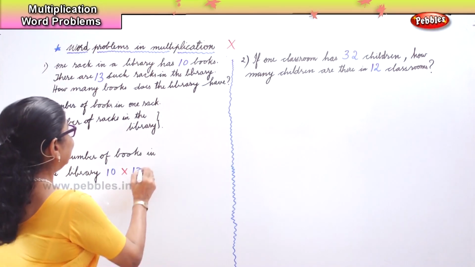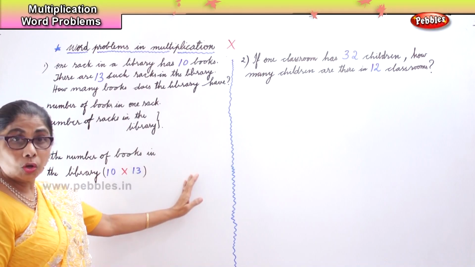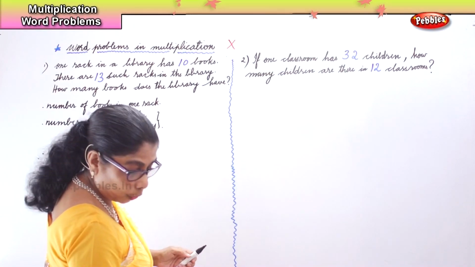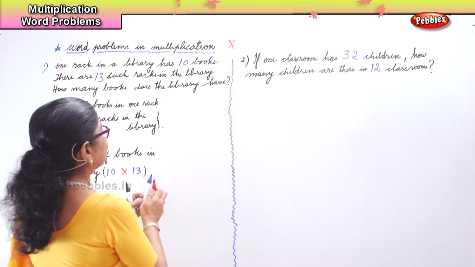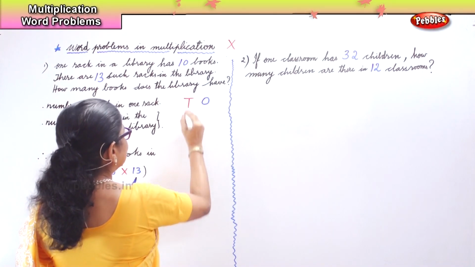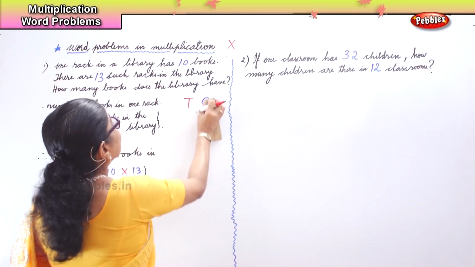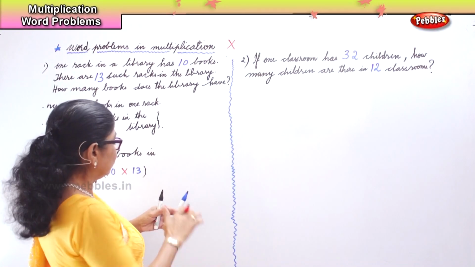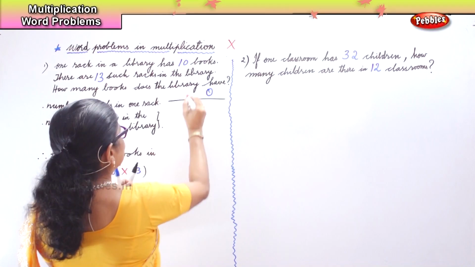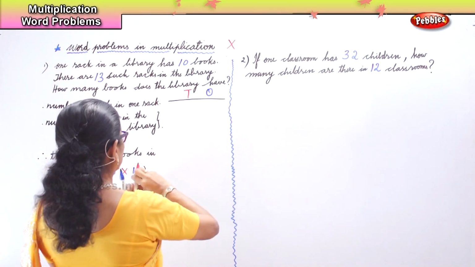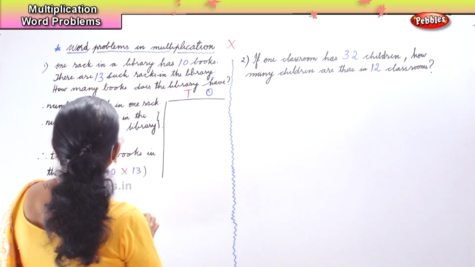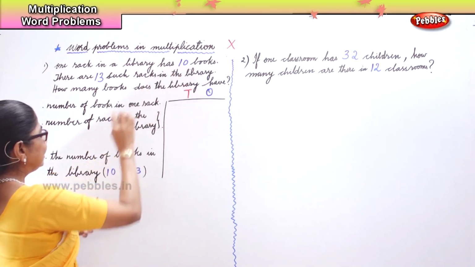Fine. Now we need to do the column. Draw the column, write ones, tens, hundreds, place the numbers correctly. So, we'll write ones and tens, and then we'll write the number. Now, the number of books in one rack is 10.